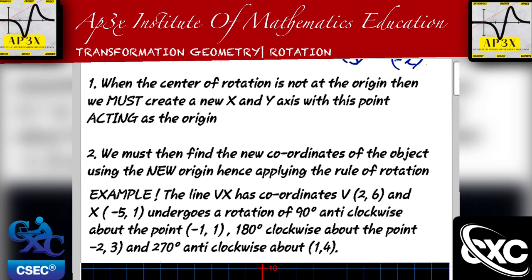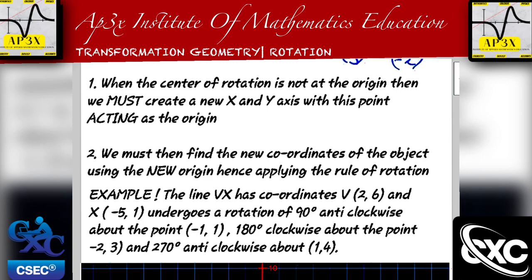And let us continue reading here. It says that when the center of rotation is not at the origin, then we have to create what is called a new x and y axis with this point. And this new x and y axis that we create around this point will now be acting as our origin, where we are therefore going to have to create new coordinates for our object.